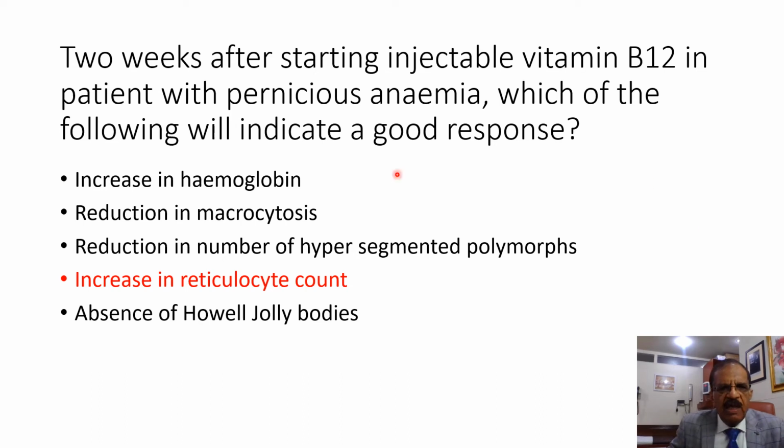Once we give vitamin B12, that block is removed, bone marrow is already hyperplastic, there will be prompt hemopoiesis, and in 2 weeks you will see the reticulocyte count has increased from maybe 1 to 2% to 10 to 15%. So this will actually confirm the diagnosis.